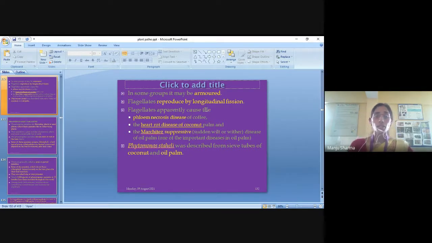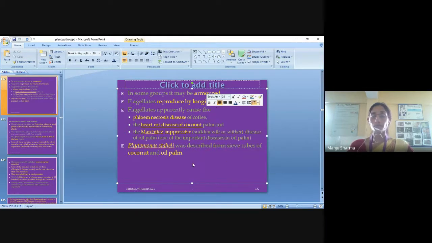Another is sudden wilt of oil palm, an important disease in oil palm, and Phytomonas staheli was described from sieve tubes of coconut and oil palm.